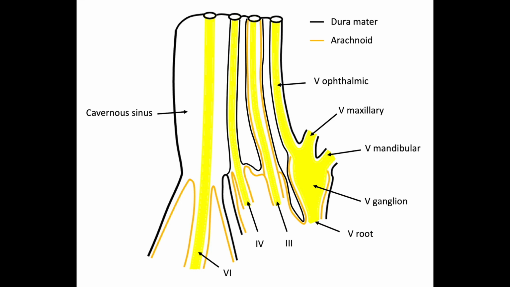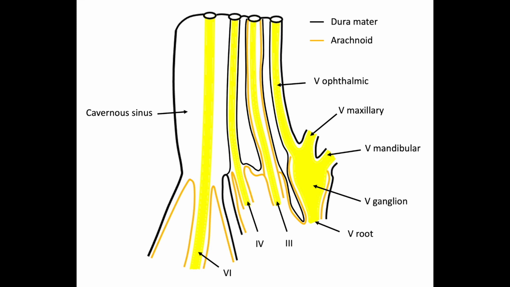This drawing represents a dorsal view of the right cavernous sinus and the abducent, trochlear, oculomotor, and ophthalmic cranial nerves. Notice how the abducent, 6th, cranial nerve is surrounded by arachnoid before it enters the cavernous sinus.